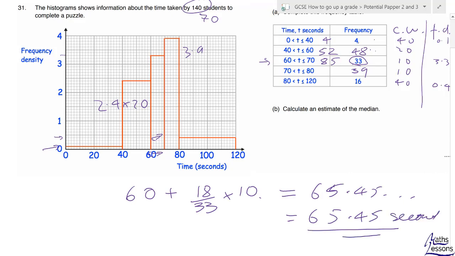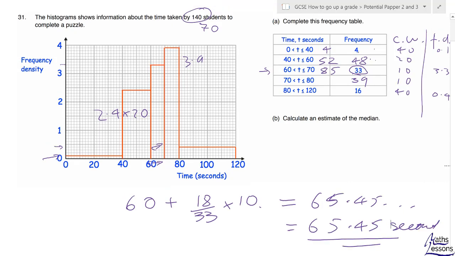Let me just recap how to do that, because that's quite a tricky technique. It's not a standard histogram question, part B. So you know that you've got 52 people take up to less than 60. So the 70th person will be in this group here.